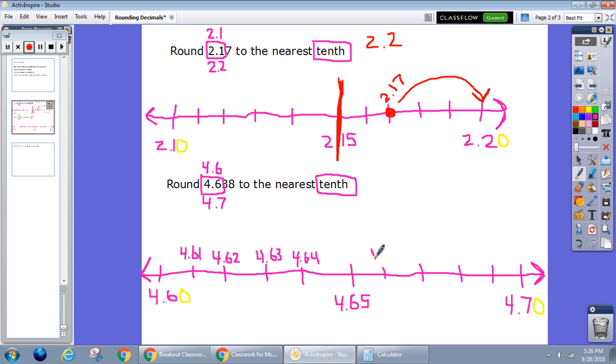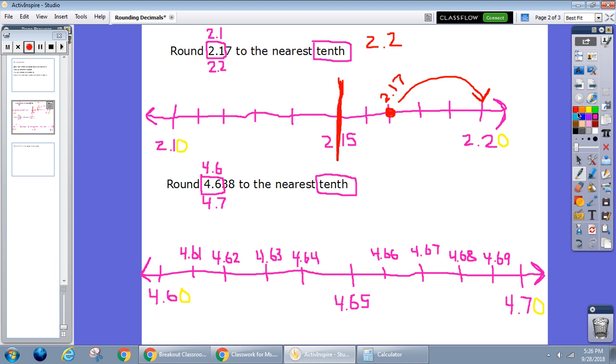That's my halfway point. 4 and 66 hundredths. 4 and 67 hundredths. 4 and 68 hundredths. And 4 and 69 hundredths. And then I have 4 and 7 tenths.